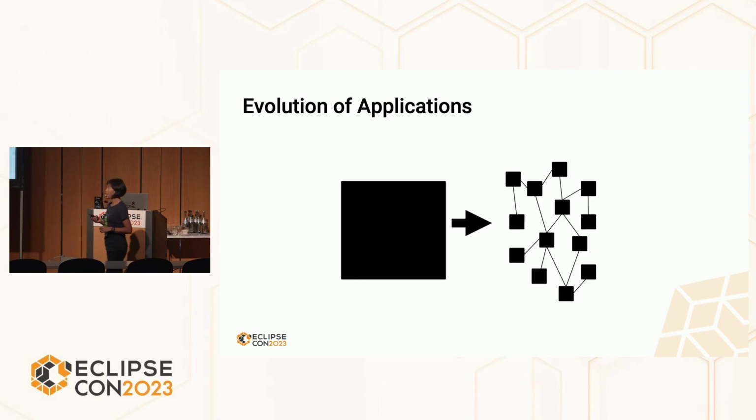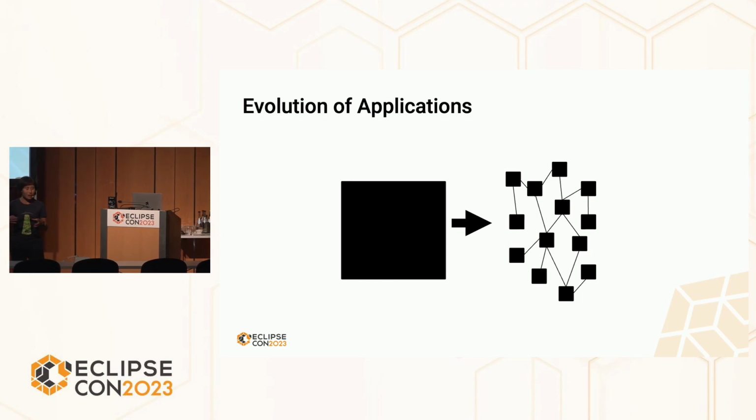Thank you. Previously, we were doing monoliths. Now we are doing microservices. One application has become a lot of them, so one request goes through a lot of different parts. That's why, if something is not behaving well, it's very difficult to work out where the problem is.